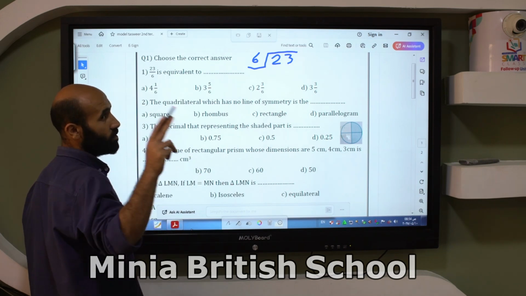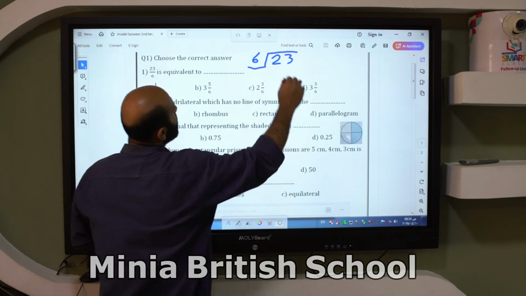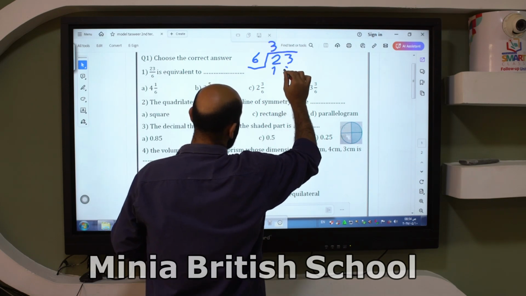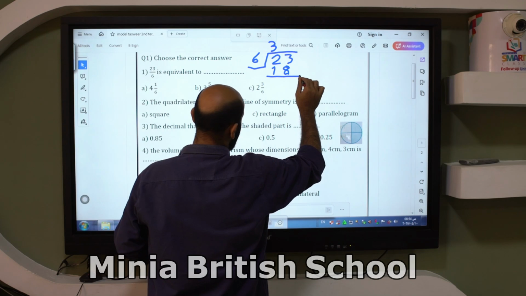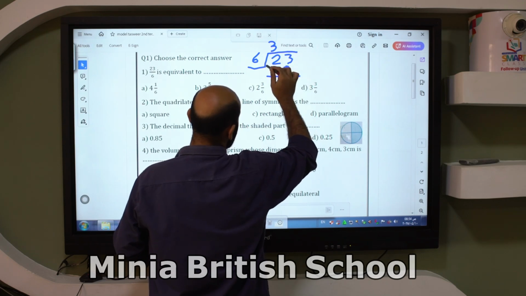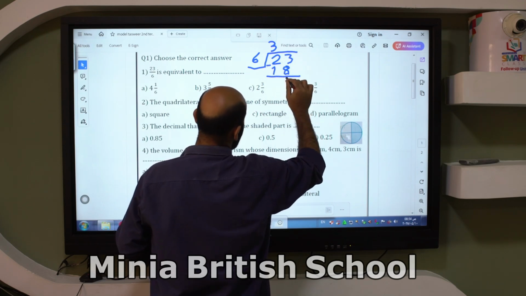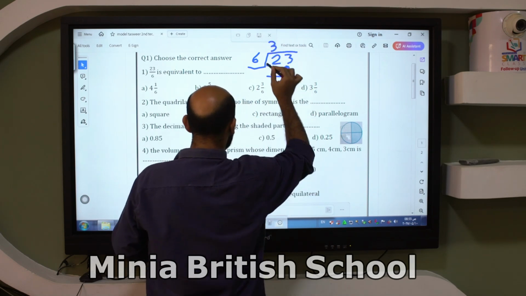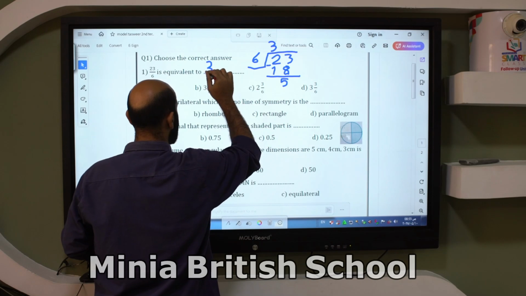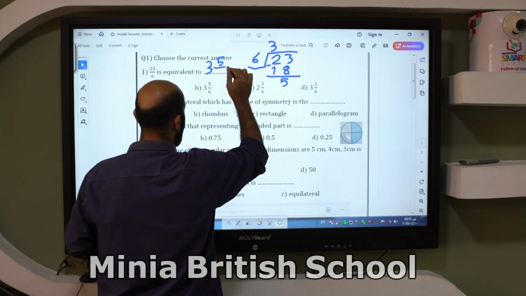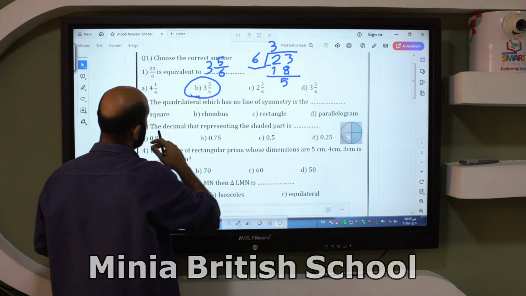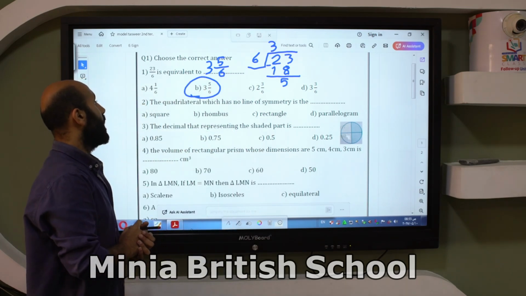You all got it right, it will be 3. 3 times 6 equals 18, and let's make the subtraction. 23 minus 18 is 5. So it will be 3 and 5/6, and this is the correct answer.